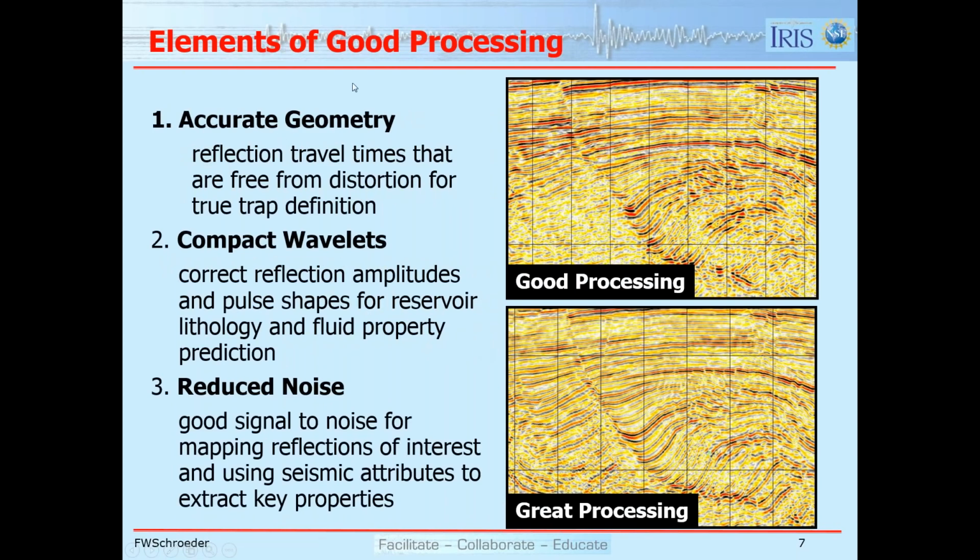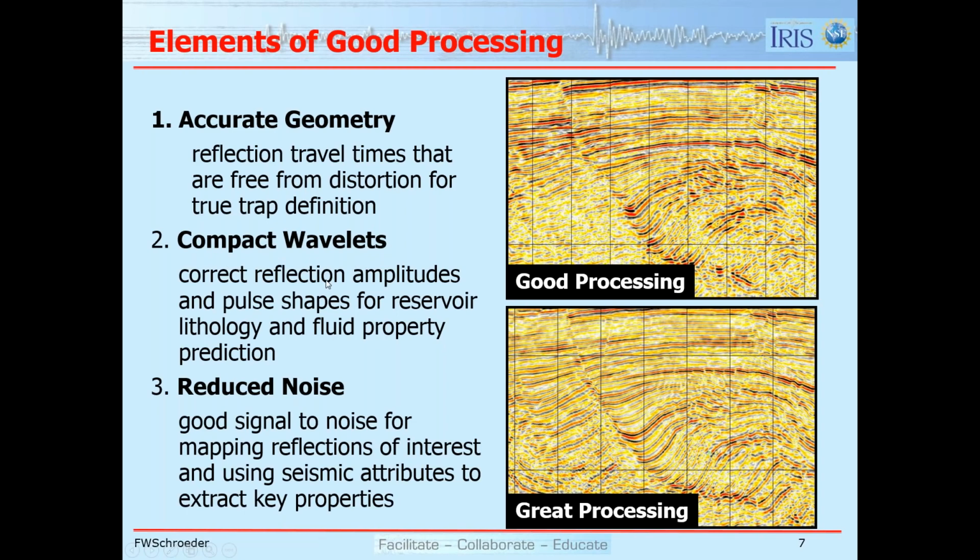So, elements of good processing. One element is the accuracy of the geometries that it's showing. Reflection times are free from distortions and show us what the true trap definition is. Another key element is to try to compact the wavelets.